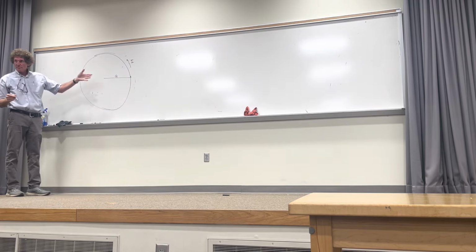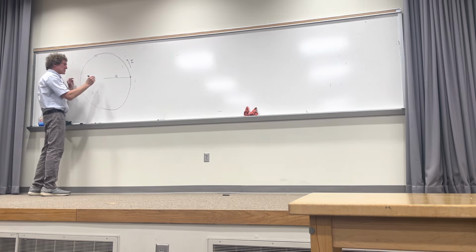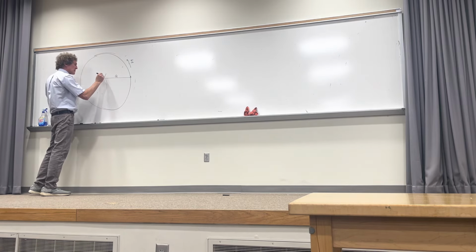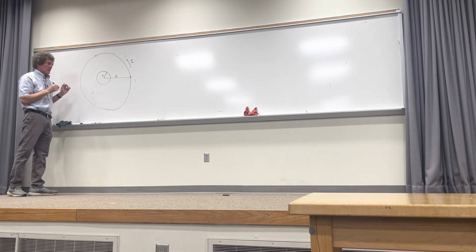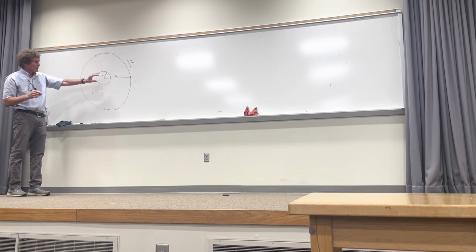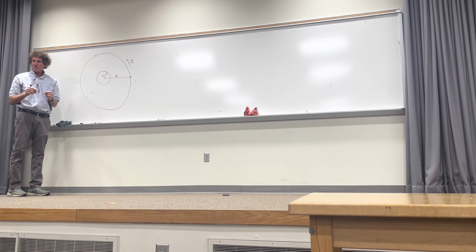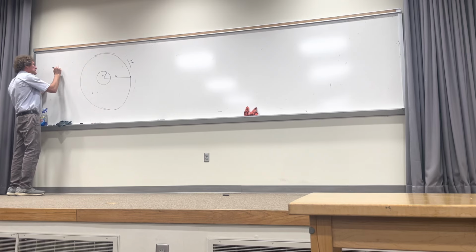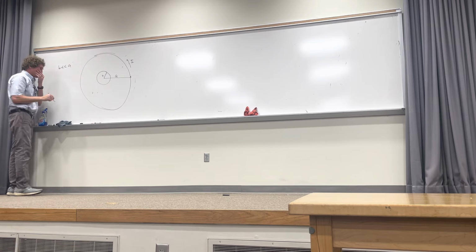And then in the same plane, like the plane of a board, I have a much smaller loop. This is a problem in the book, of radius B. And I want the mutual inductance between the outer large coil and the inner small coil. And here, B is much, much less than A.